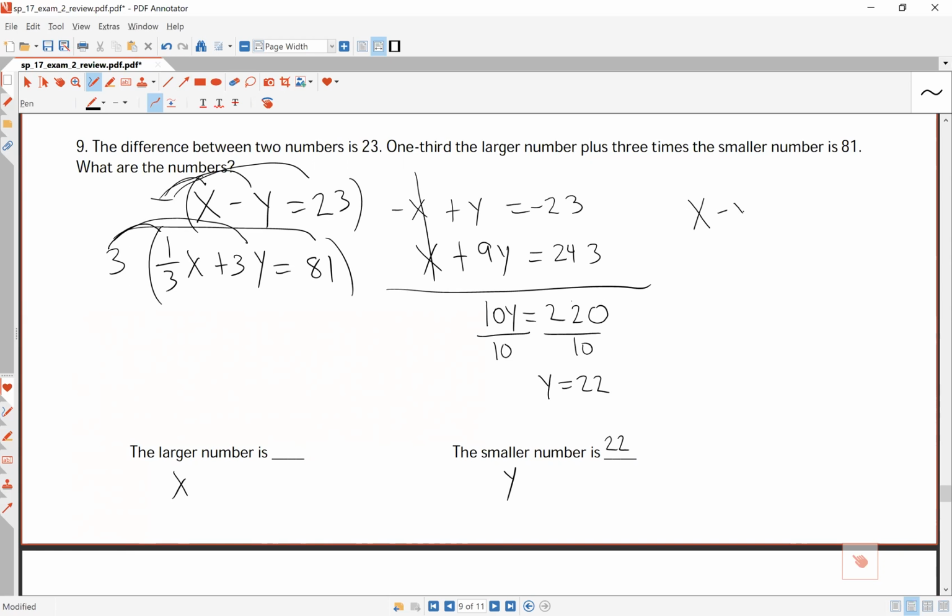The bigger number then, x minus y is 23, or x minus 22 is 23, gives us x equals 45. Their difference is definitely 23, and 1/3 of 45 is 15, plus 3 times 22 is 66, and that's 81. So those are the numbers.